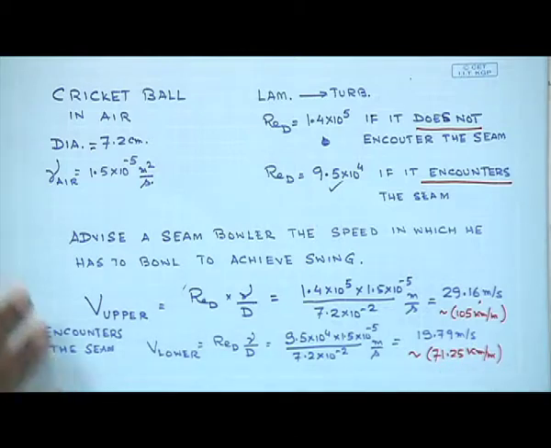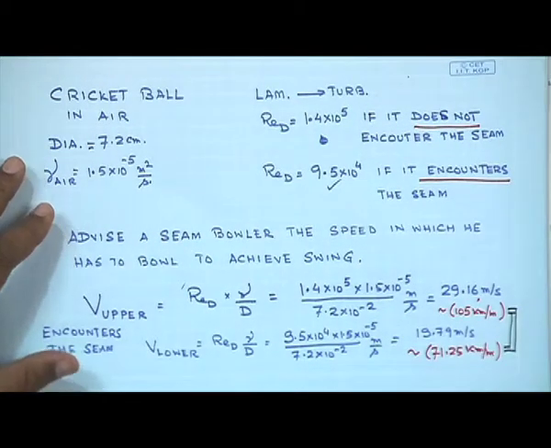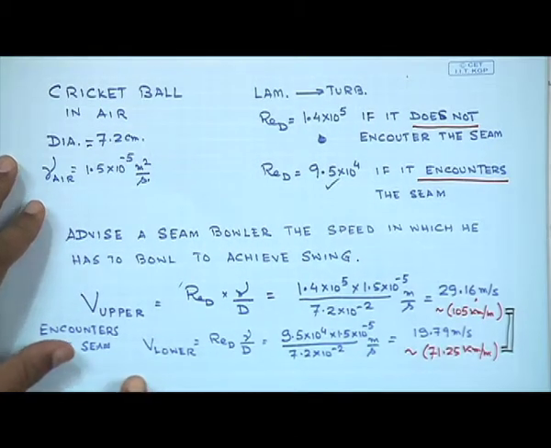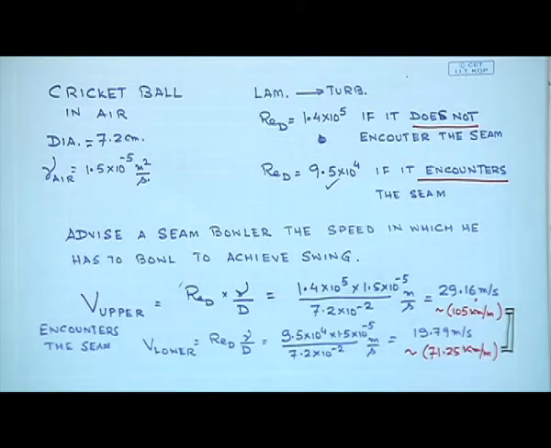So these two essentially give you the range of the speed of the ball. So in order to achieve swing, a bowler has to bowl with a speed in between 105 and 71.